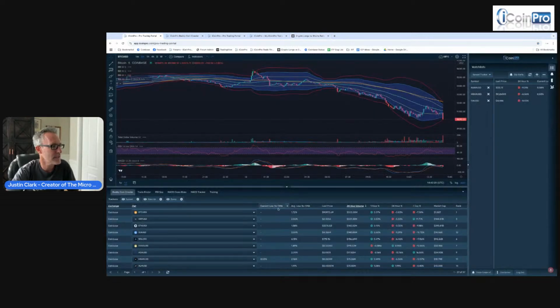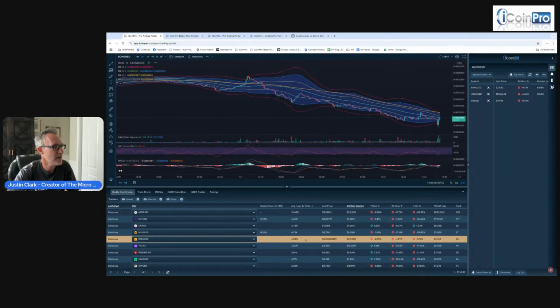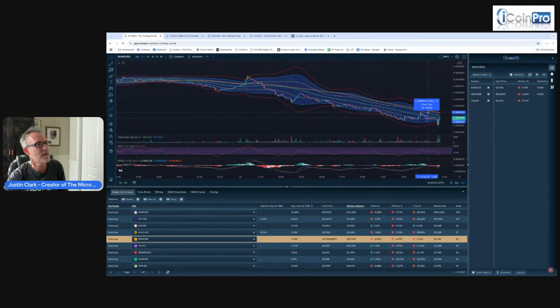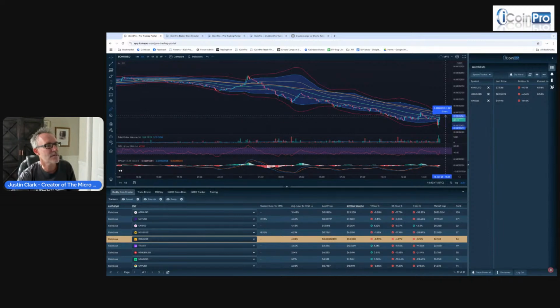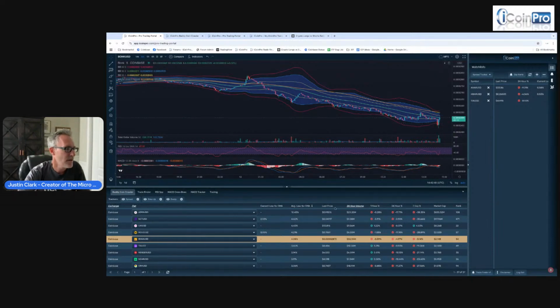All right. As far as coins to trade, Arrow is a fun one today. So definitely I'm keeping an eye on that. I've been actually watching that for a little bit. Looks like Bonk might be on the list too today. Let's just see what we're getting here as far as returns. A little bit weak. This is a little better. Arrow is definitely the main one that I'm keeping an eye on.